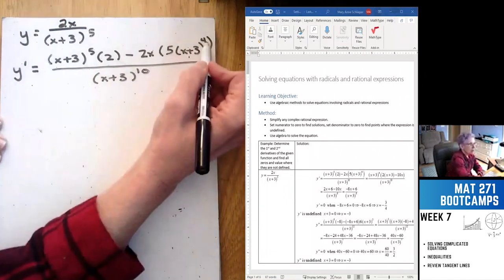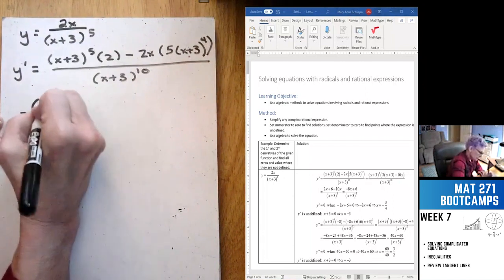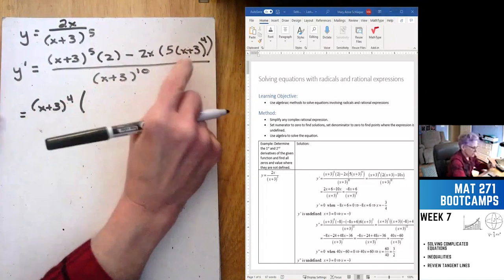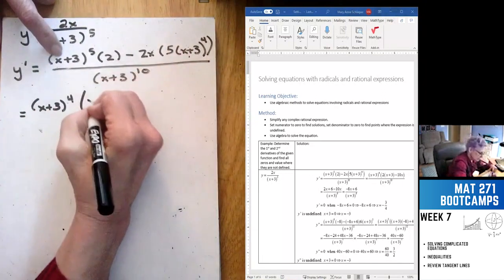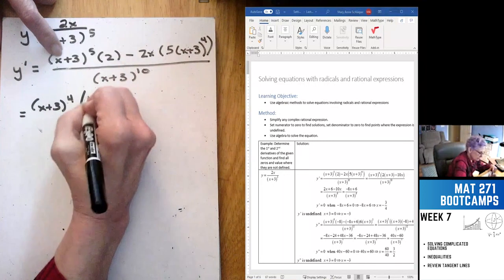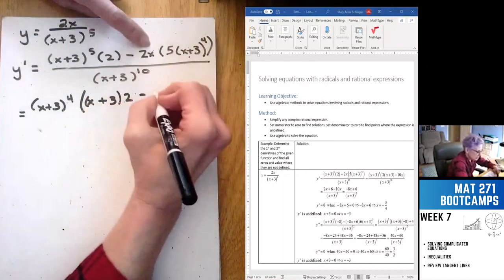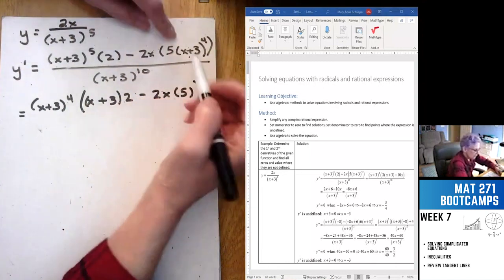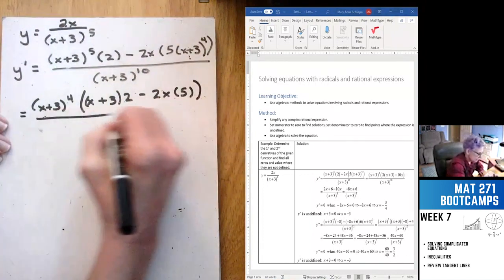So I look for the smallest power, and I'm going to factor that out. So I'm left with an x plus 3 with that first term times 2 minus 2x times 5, and this x plus 3 is now sitting out in front.